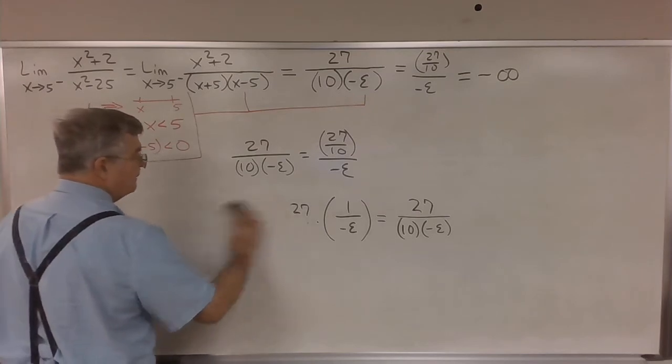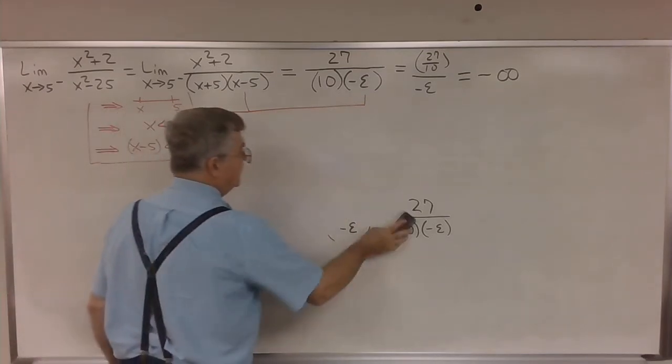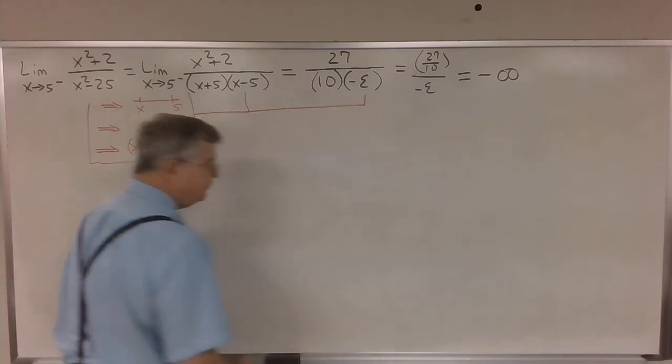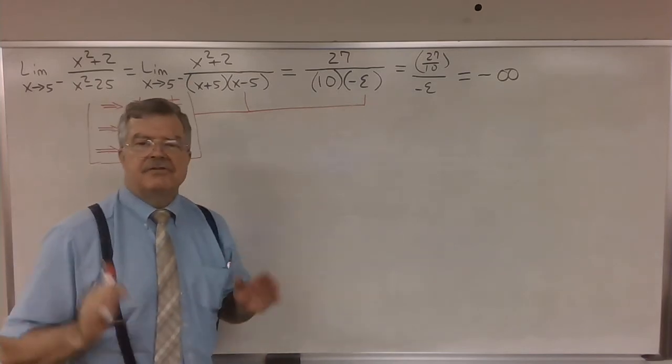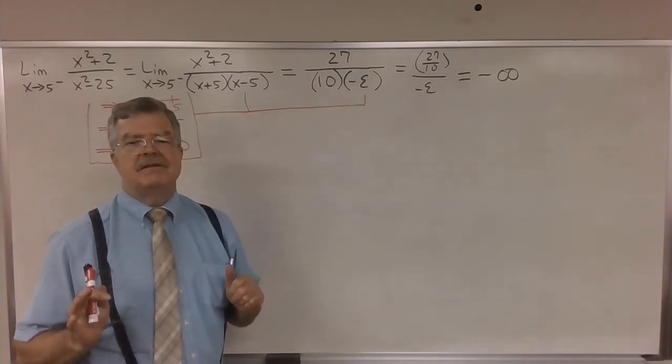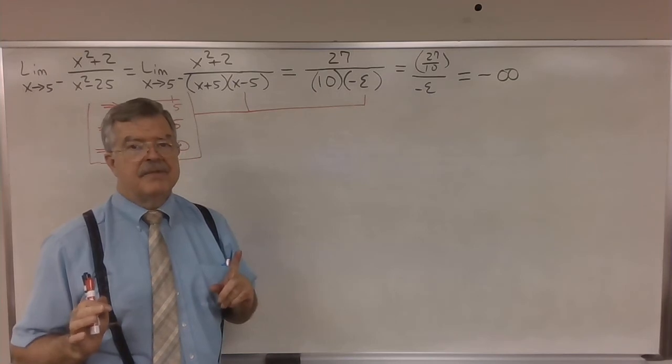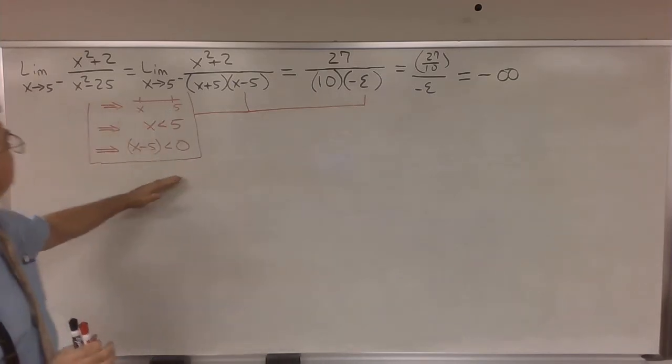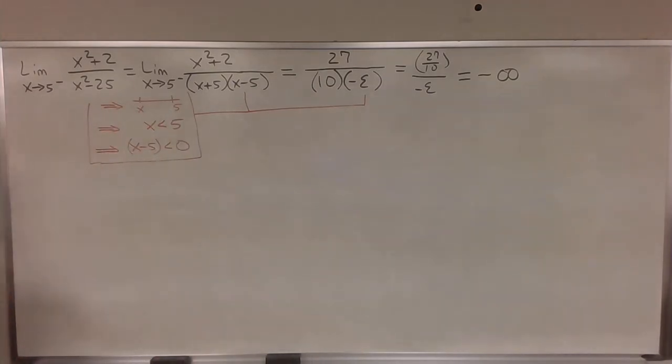Now, where was I? I was saying step 3 is to analyze the one-sided limits, plural. So I've got to do the limit as x approaches 5 from the right as well.